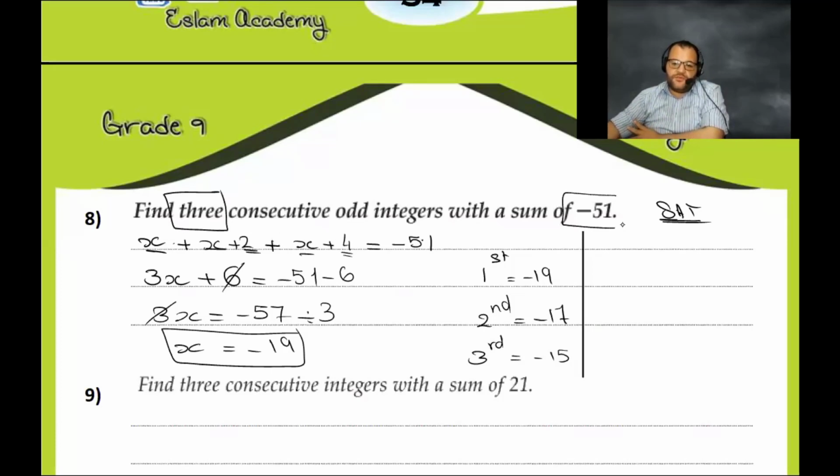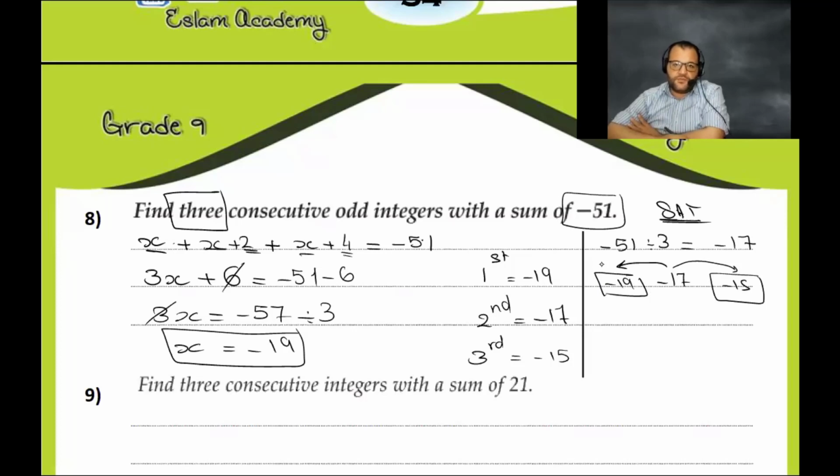What is their sum? Negative 51. Divide negative 51 by 3, so the answer would be negative 17. Put negative 17 in the middle. Find an odd number before negative 17 and an odd number after it: negative 19 and negative 15. That's all.